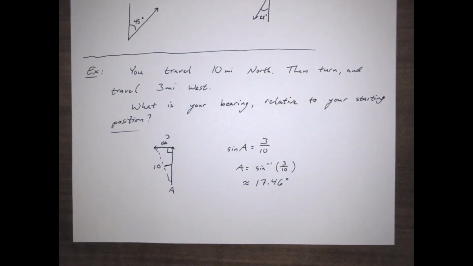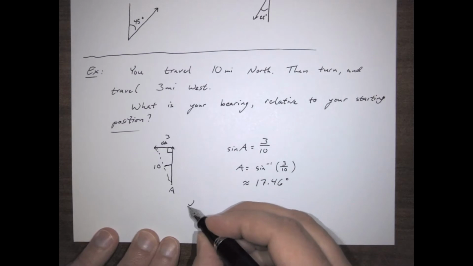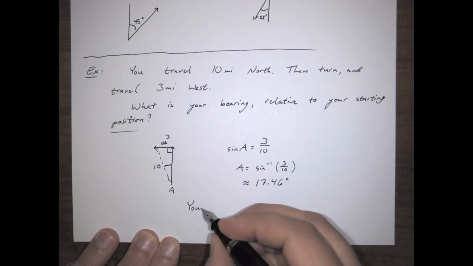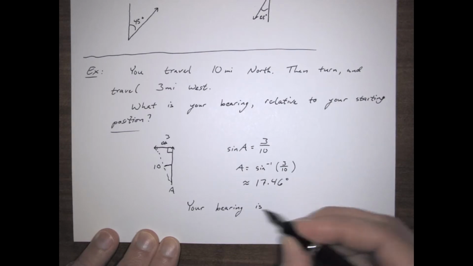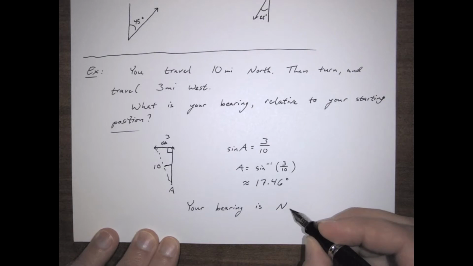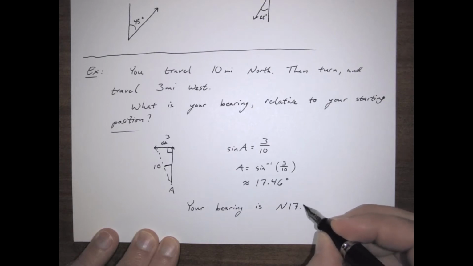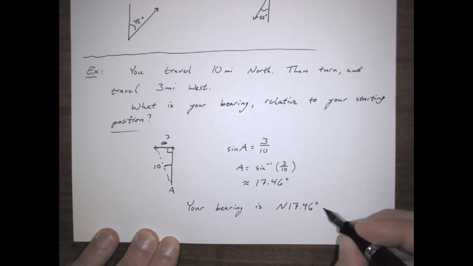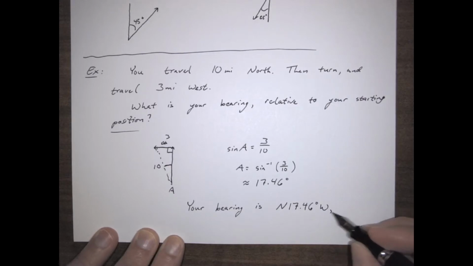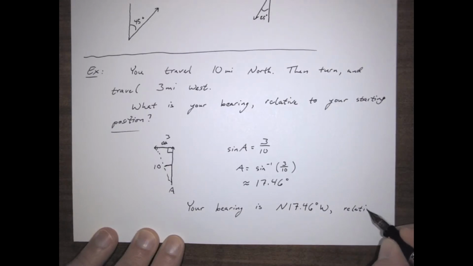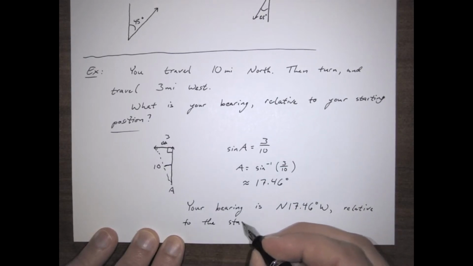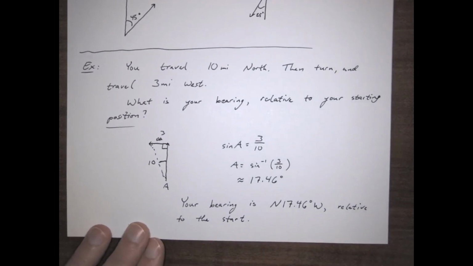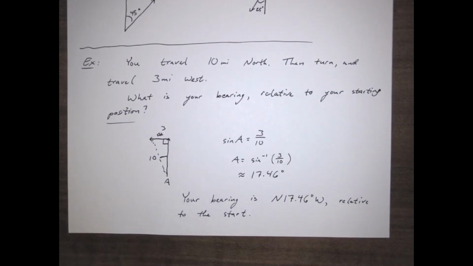And then again, a word problem deserves a word answer. So you can say your bearing is, from the direction of north, you go 17.46 degrees in the direction of west, relative to the start.